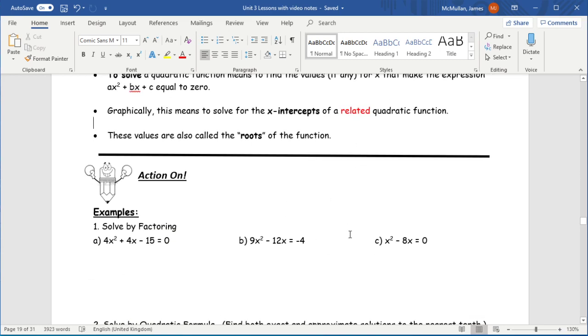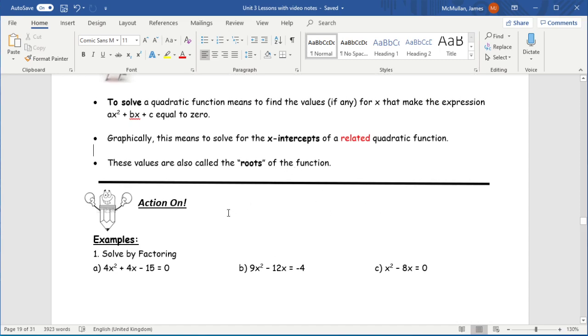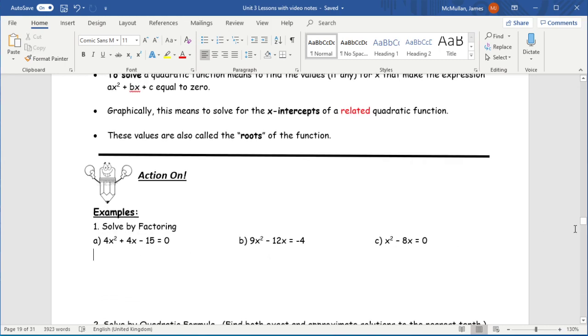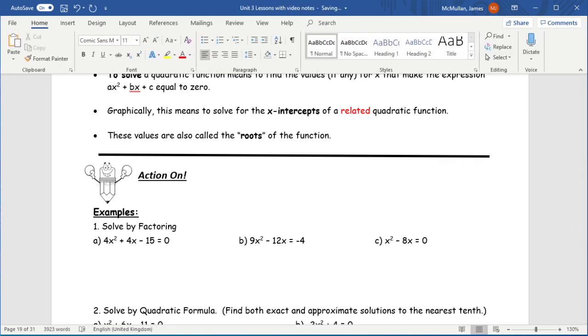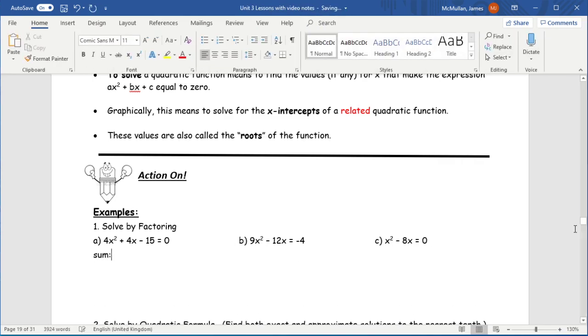Now, first thing to notice here about solving an equation is that you already know one way of doing it. And one way of doing it is to factor. So for example, in this case, you're looking for a sum of 4 and a product of negative 60, and those two numbers are going to be positive 10 and negative 6, right?